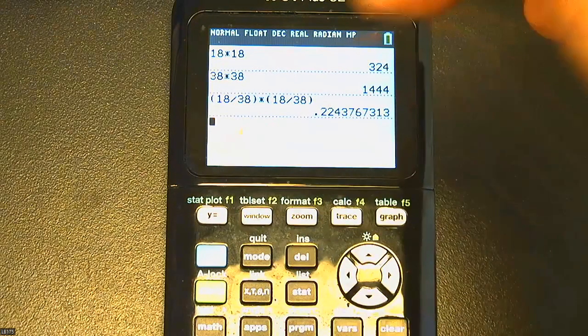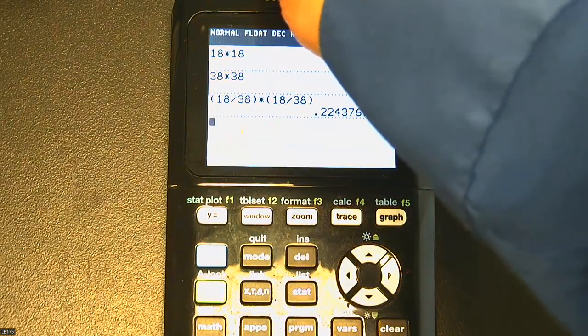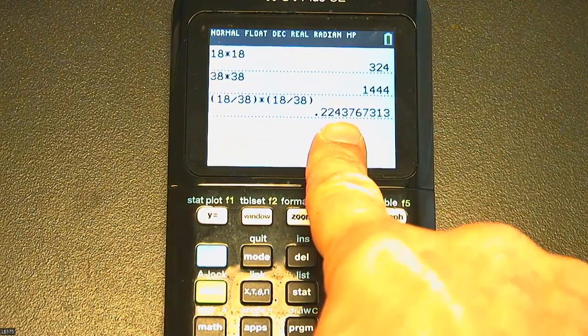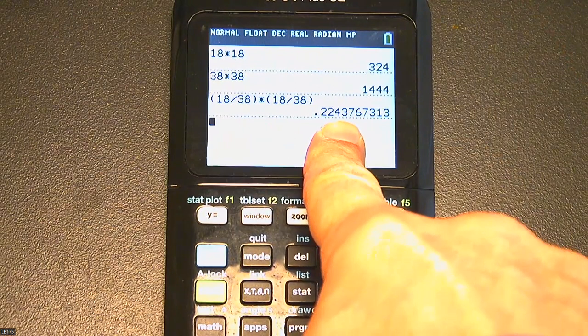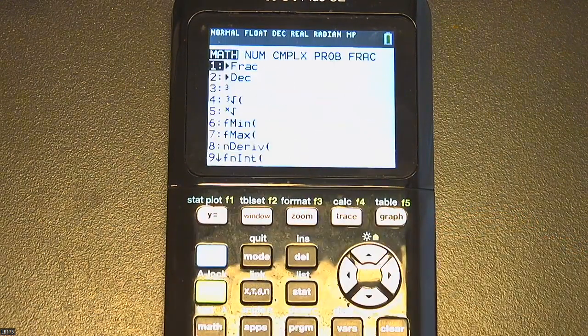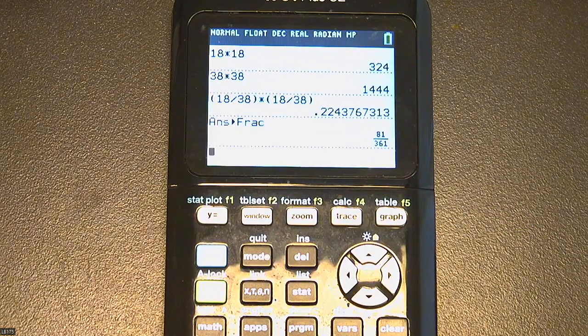Now here's the thing. In both the TI-84 and the TI-30, if you ask this to now convert to a fraction, you're gonna get a fraction that looks slightly different than the one I just got.